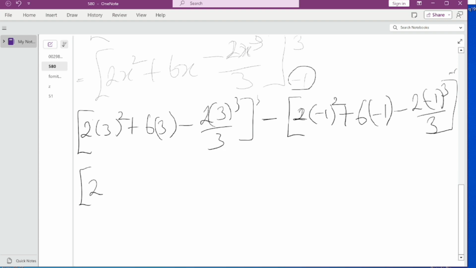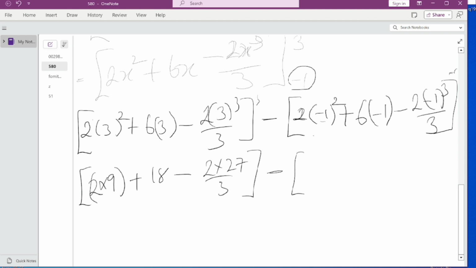We have 3 to the power of 2, that's 3 times 3, that's 2 times 9, close bracket, in bracket, plus 6 times 3, 18, minus 2 times 3 times 3 times 3, that's 27 over 3, close our bracket.